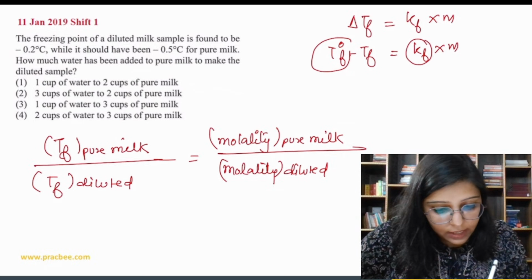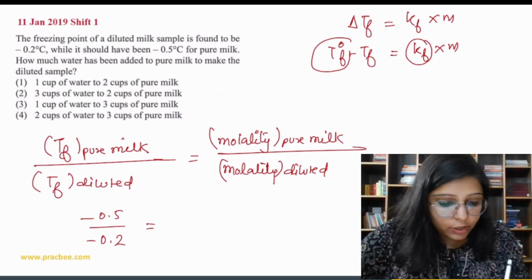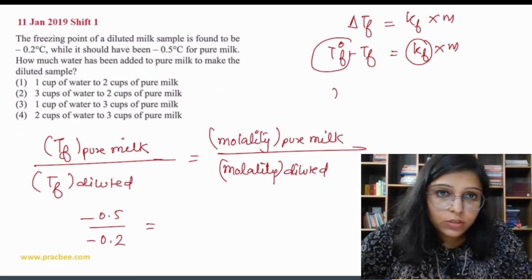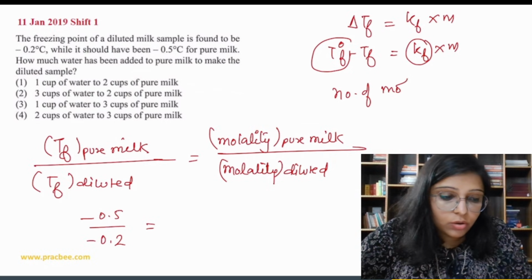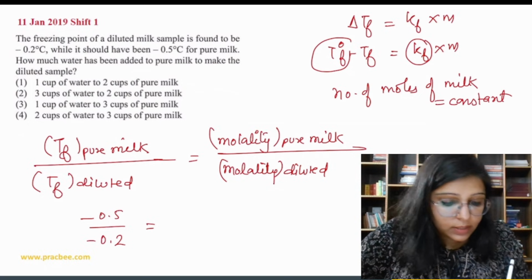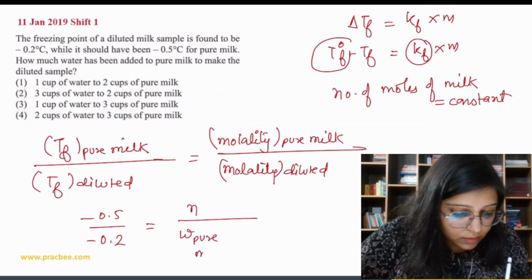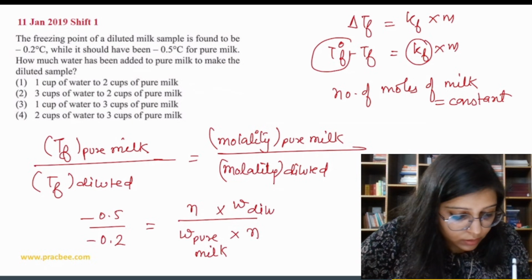So that is basically minus 0.5 upon minus 0.2, and molality of pure milk. Number of moles, they are also constant. Number of moles of milk, that is also constant. So it means number of moles divided by mass of pure milk, then number of moles into mass of diluted.